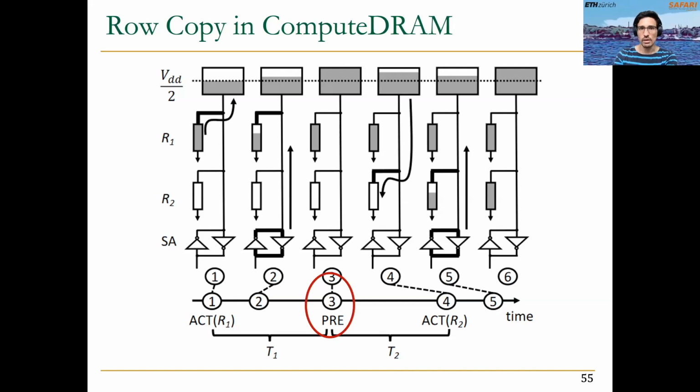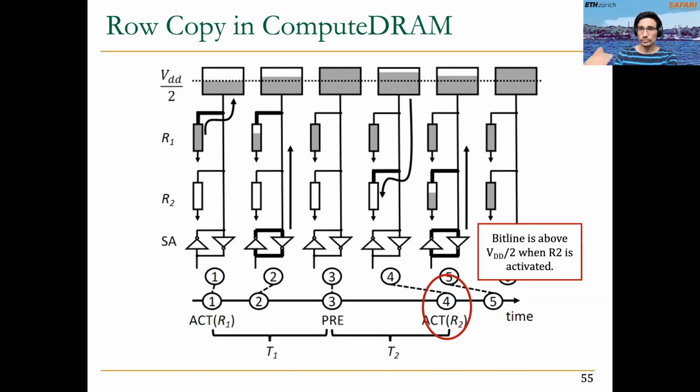By reducing them, they are able to copy one row to another row, because at the point where the second row is activated, the voltage in the bit line is still different from half VDD, either above or below half VDD. And when the second row is activated, that charge is copied, it's moved to the capacitors of the row.